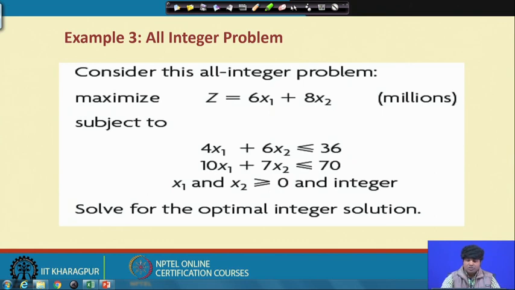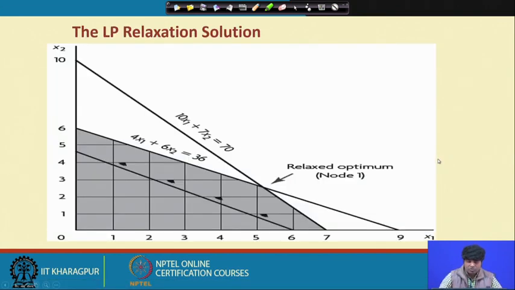So, with this we can start the process. We can also have a graphical structure, since it is with respect to two variables, and if it is the case of more than two variables, then we can go by an algebraic method or simplex method to solve the problems and look for optimality and then the integer type solution.